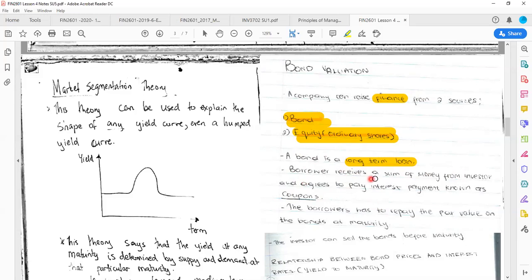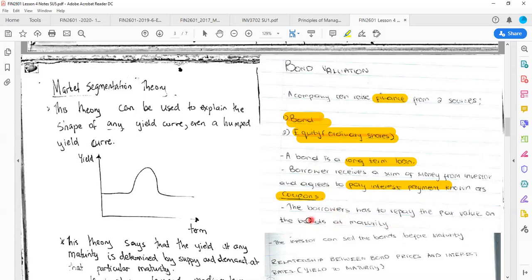So meaning a company will receive a sum of money from an investor, and the company, who is the borrower, will agree to pay interest payments, and these interest payments are known as coupons. Please note the borrower is also known as the bond issuer, and the investor is known as the bond holder.